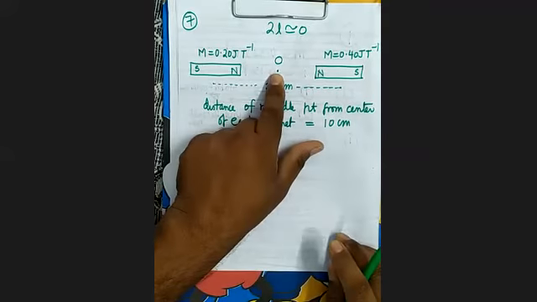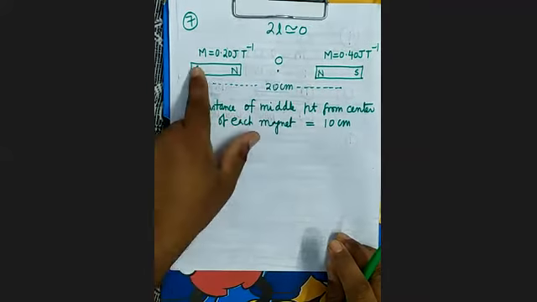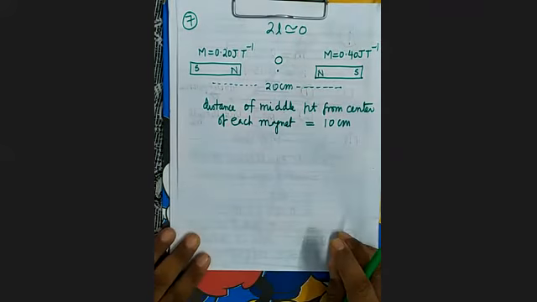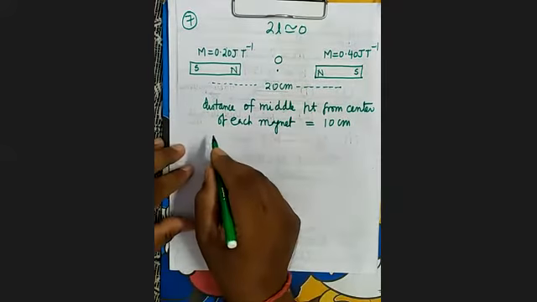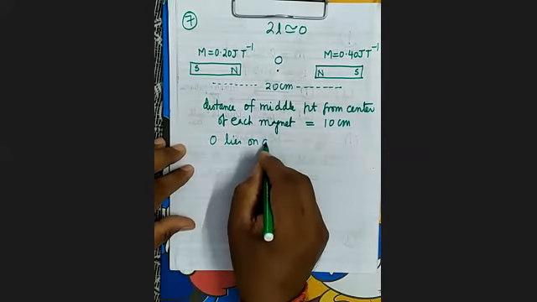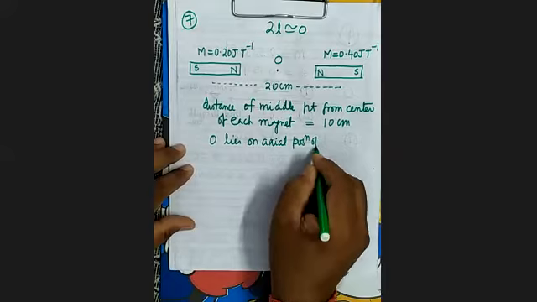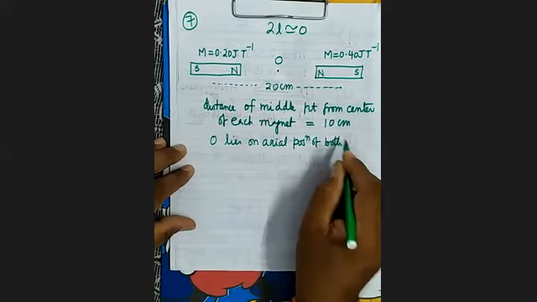Now this point O, I have named the middle point as O. This is lying on the axial position of both the magnets. O lies on the axial position of both magnets.